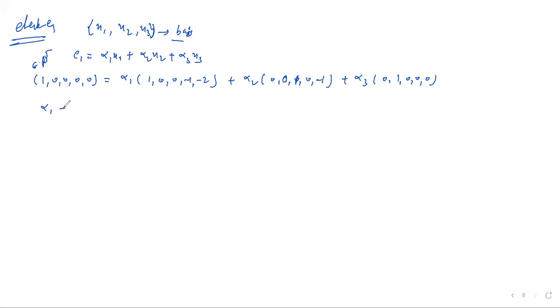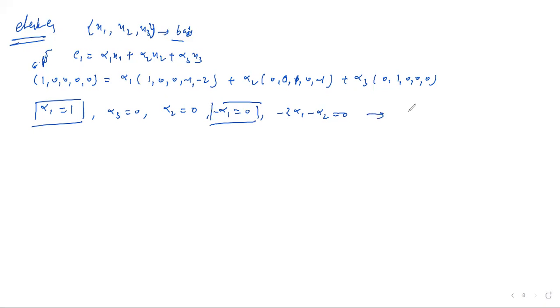So we'll get alpha 1 equals 1, alpha 3 equals 0, alpha 2 equals 0, and minus alpha 1 equals 0, minus 2 alpha 1 minus alpha 2 equals 0. So these are the corresponding equations. From this we can see that I have got alpha 1 equals 1 and I have also got alpha 1 equals 0.